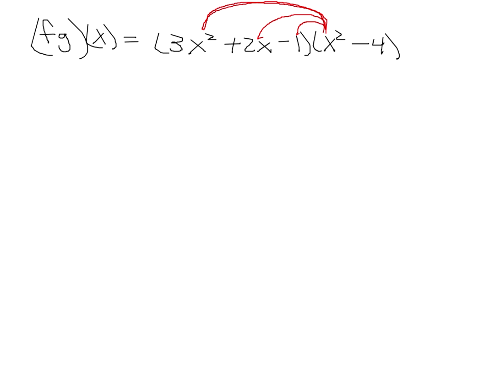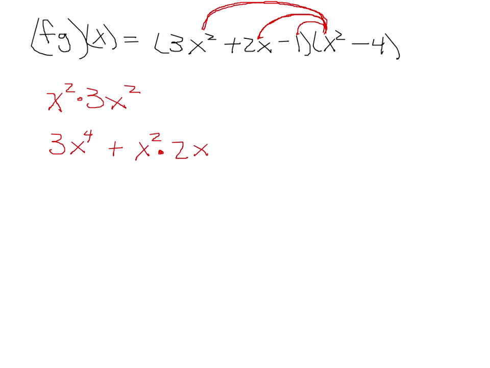So x squared times 3x squared is going to be 3x to the 4th, because I add 2 plus 2 is 4. Then x squared times 2x.